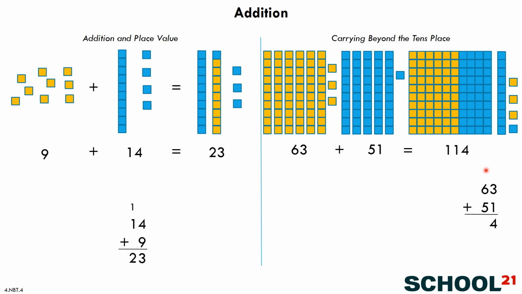Yeah. And then when we add the tens place, we're going to add them just like we're adding just 6 and 5, even though we're adding 60 and 50. So what's 6 plus 5? 11. 11. So we'll put the 1 down here, and then we'll carry that 1 that was the 10.